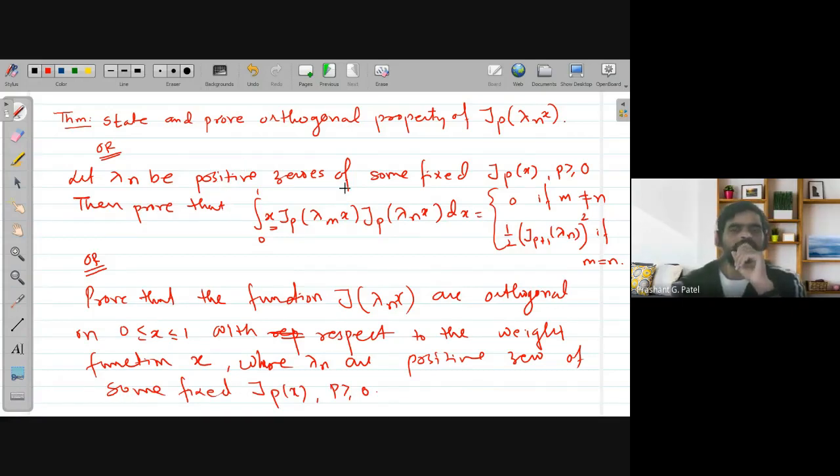So this is known as the orthogonal property of Bessel's function, that is Jp(lambda n x). Let us try to discuss the proof of this statement. So let us note that this Jp, that is the Bessel's function, is the solution of the Bessel's equation.